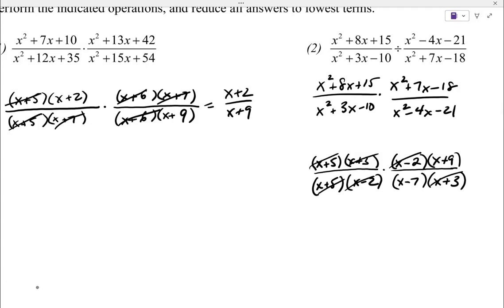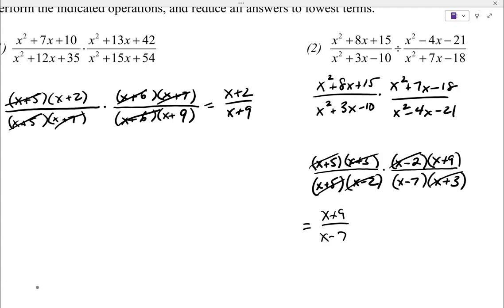Nothing else divides out, so what are we left with at the end? Good, x plus 9 over x minus 7, exactly. That okay? Are we happy with that?